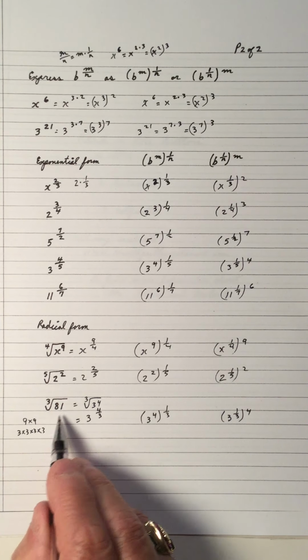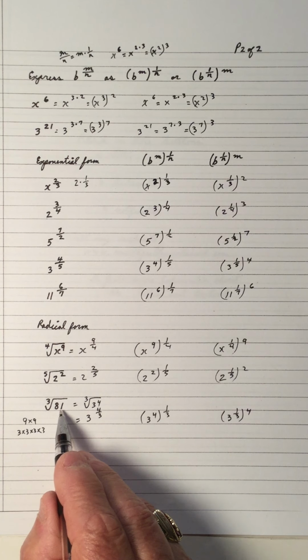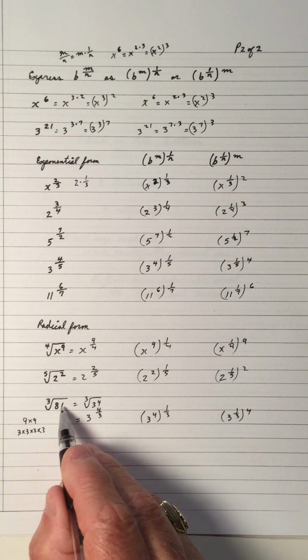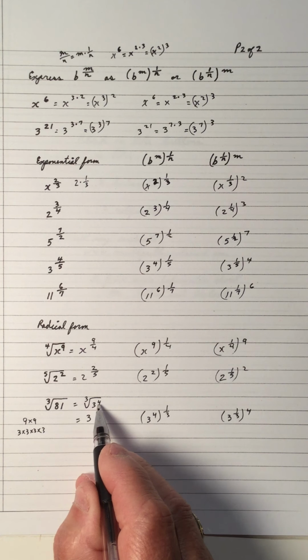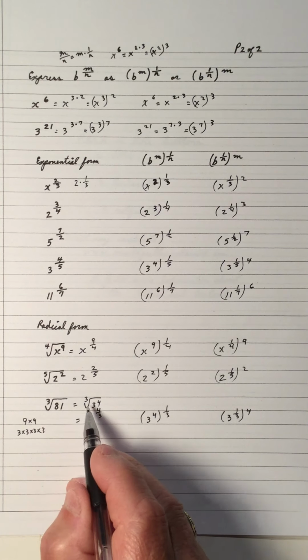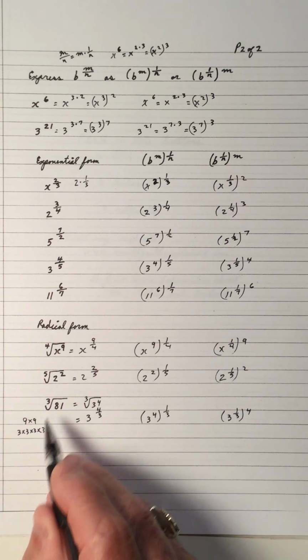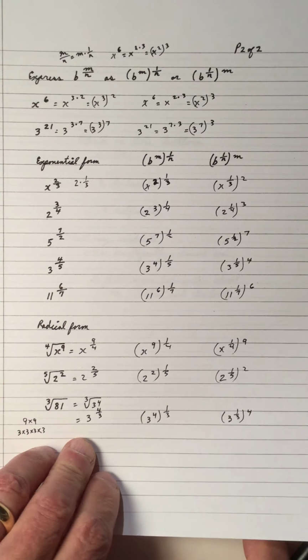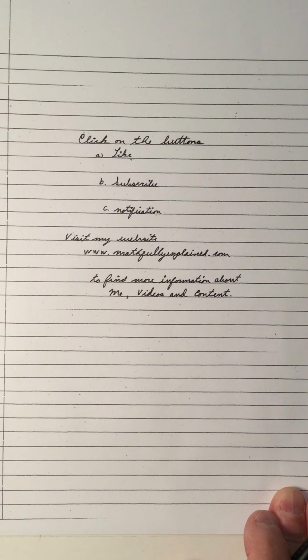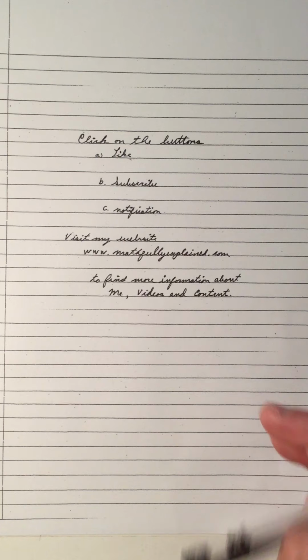So notice I could have left 81 there and had a 1 power, but I put 81 in. So you should always express this radicand in what we call prime factorization. So 3 to the 4th is better, more useful. You will see later on why 3 to the 4th will be better than just the 81. And that's another way to rearrange the power into a product of a fraction and a number.